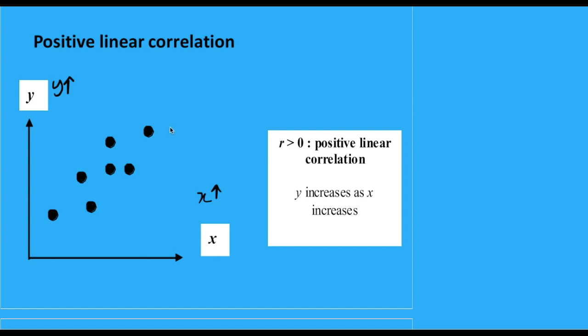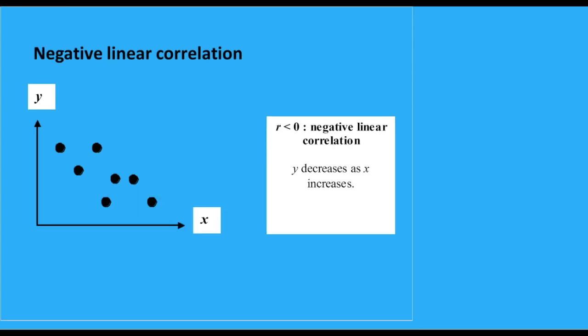They do not lie on a straight line. So in this case, the correlation coefficient would be greater than 0, and we simply interpret that as positive linear correlation. Here we have another scatter plot where the plots do not lie on a straight line.